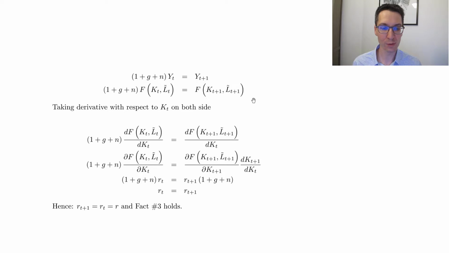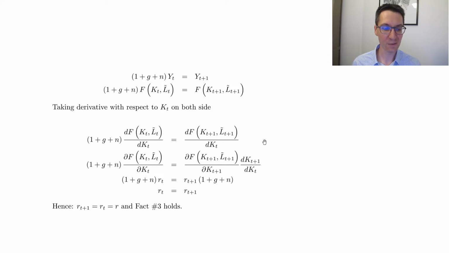So with respect to K_t. So this is just some constant. So I get that dF(K_t, L tilde_t)/dK_t on the left side equals dF(K_{t+1}, L tilde_{t+1})/dK_t. All right. So nothing fancy here.